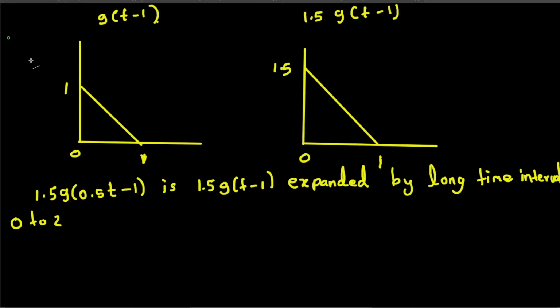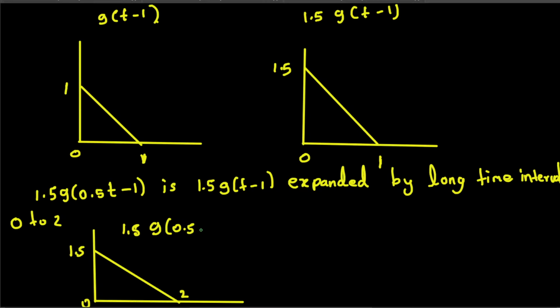Okay, so here now we are going to have the graph that is starting at 1.5 height and 0, and this one is 2, and that's the graph we want. And this one is 1.5 g of 0.5 t minus 1.